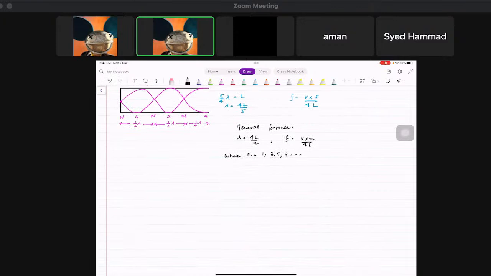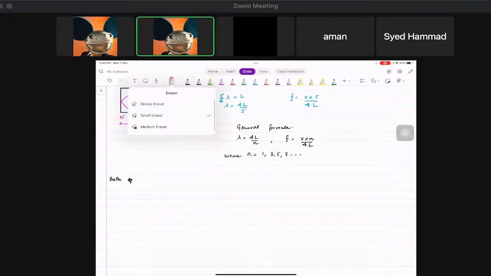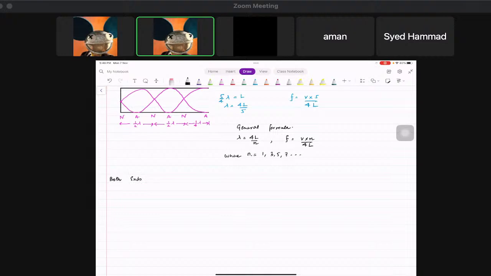The next thing is, if both ends, like a bagpipe, both ends are open, then what happens?